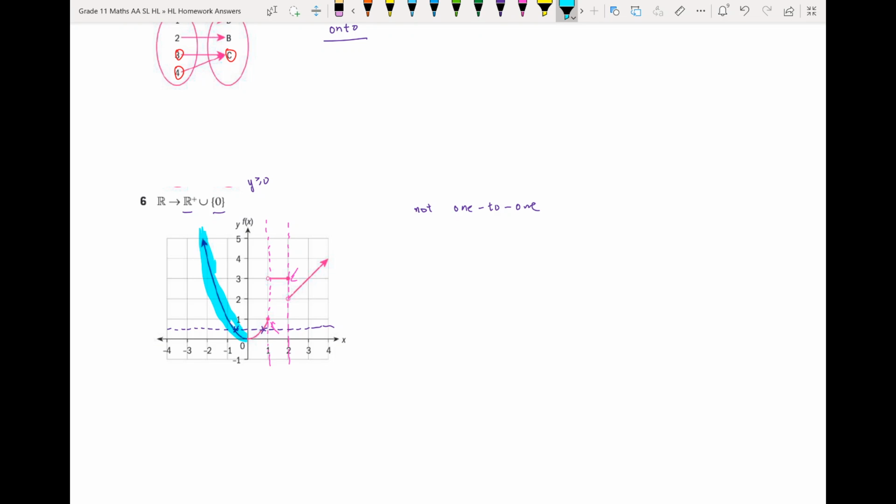So the right-hand side, we don't even care what's there because it already has some outputs that are 0 and greater. So therefore, this one is onto. When I draw this curve, I'm really talking about the range of those.